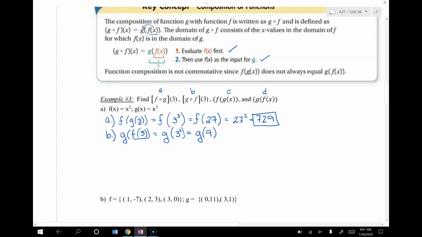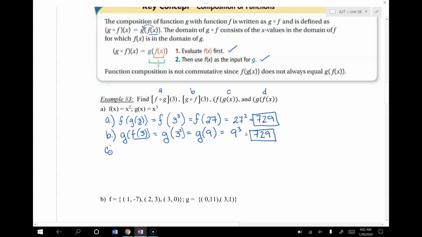So now I'm going to evaluate g of 9. I substitute 9 in for x. I get 9 cubed. 9 times 9 is 81. I think it's 729, but I'm using my calculator to check. Yep. So they work out to be the exact same value. Now this won't always be the case, but it's nice that it worked out this way.